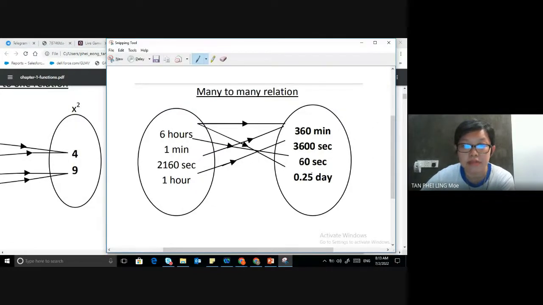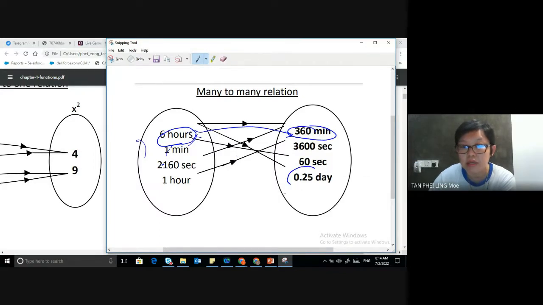So 6 hours is equivalent to, sorry, the diagram is a bit off, it should be 360 minutes. Do you agree? And then you also have here, 6 hours is also one quarter of the day. That's why it's 0.25 of the day. So basically it's connected to this one and this one.